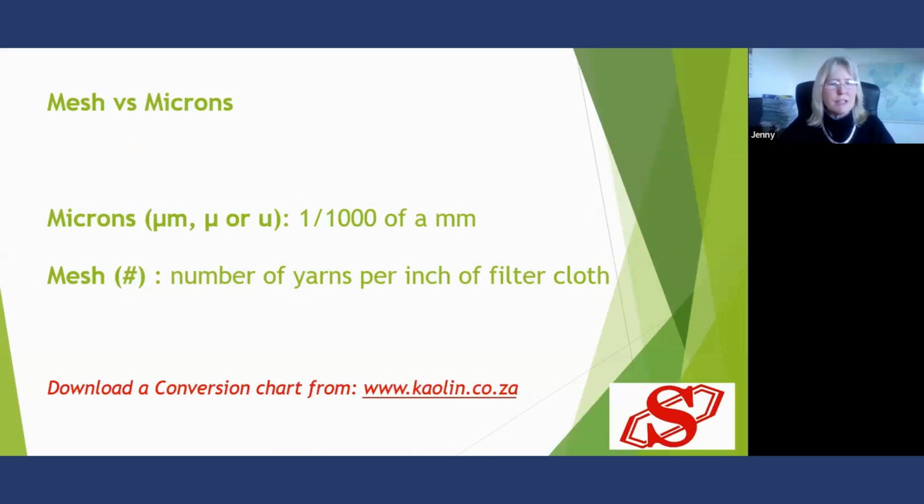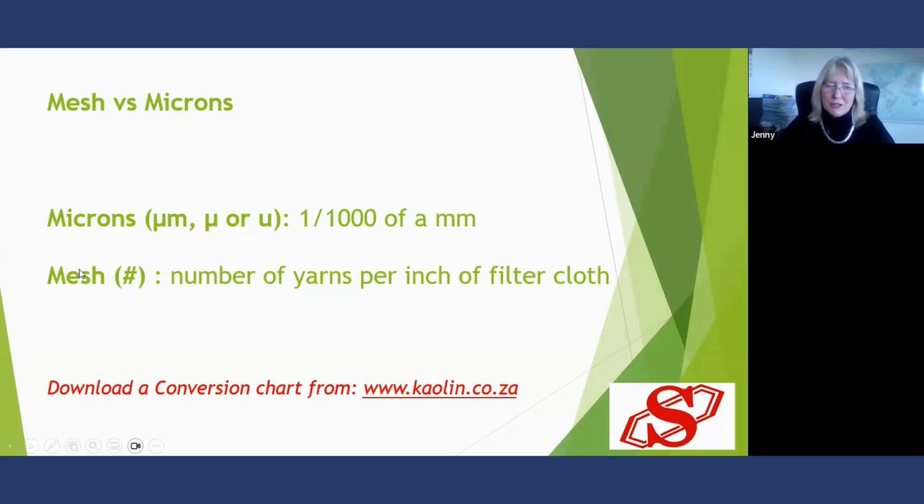So just as a definition, microns are 1/1000th of a millimeter. Your hair, for example, is a 50 micron diameter. If it was 40 microns, it would be invisible. The symbol for micron is either a U or the Greek symbol mu. Or they use UM or mu-M.